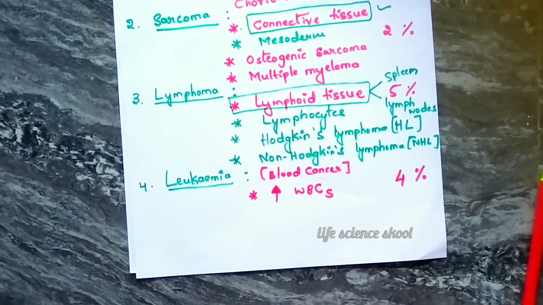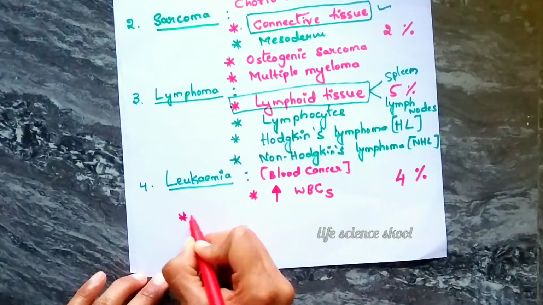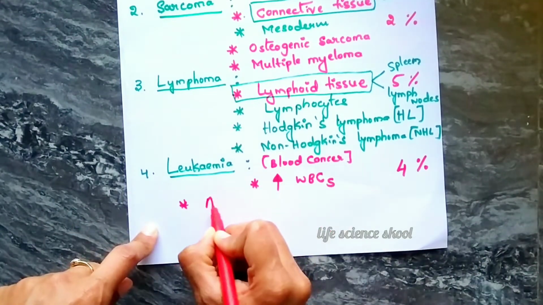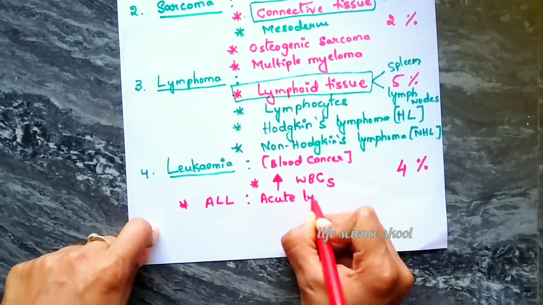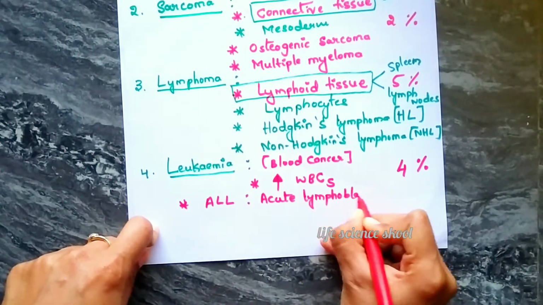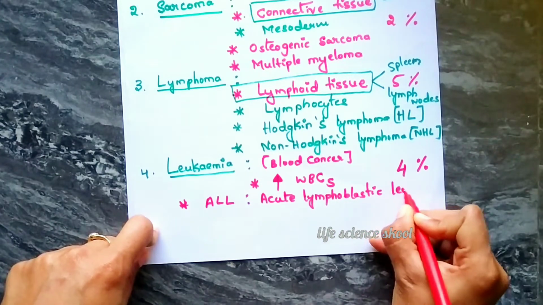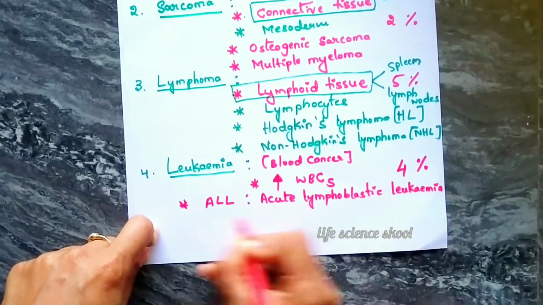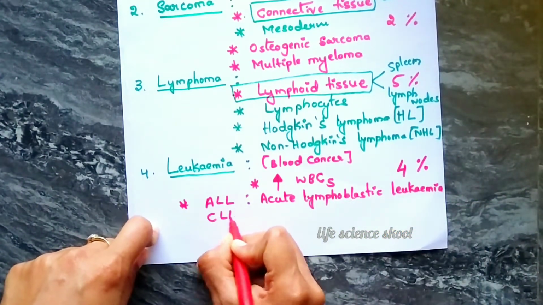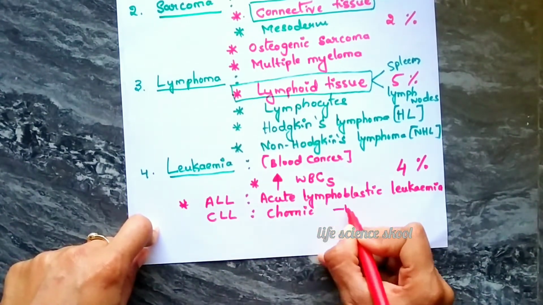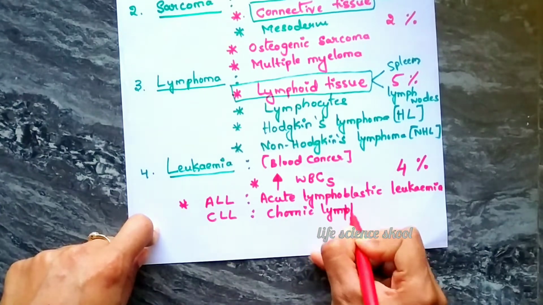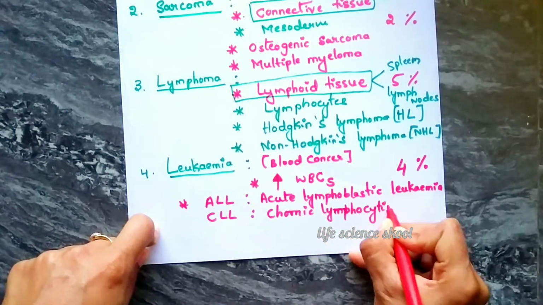Examples of these leukemias: one is ALL. ALL means acute lymphoblastic leukemia. And the second example which I'm going to take is CLL. CLL means chronic lymphocytic leukemia.